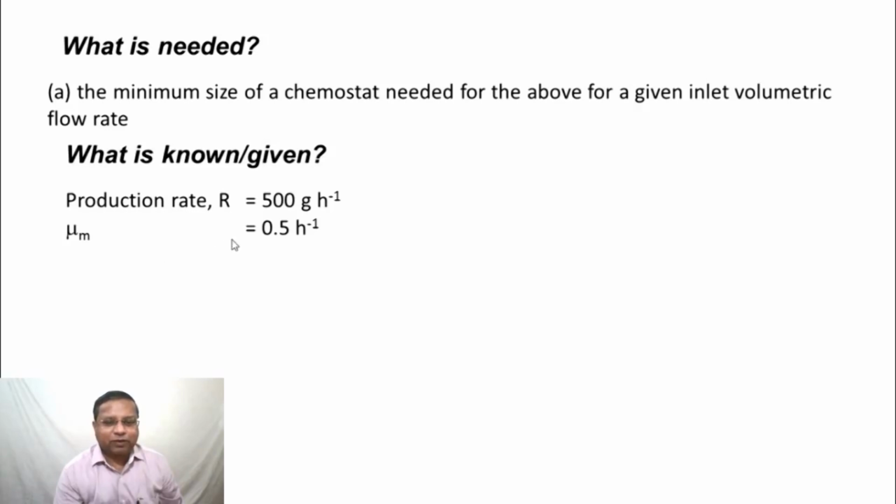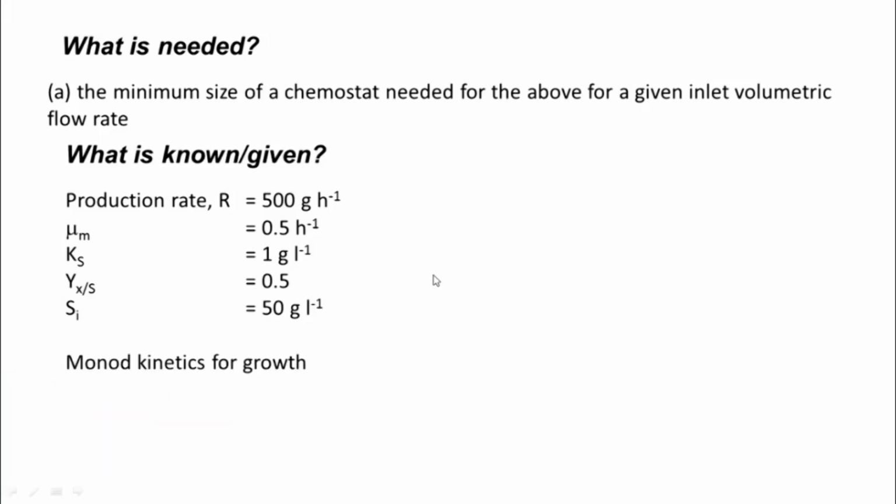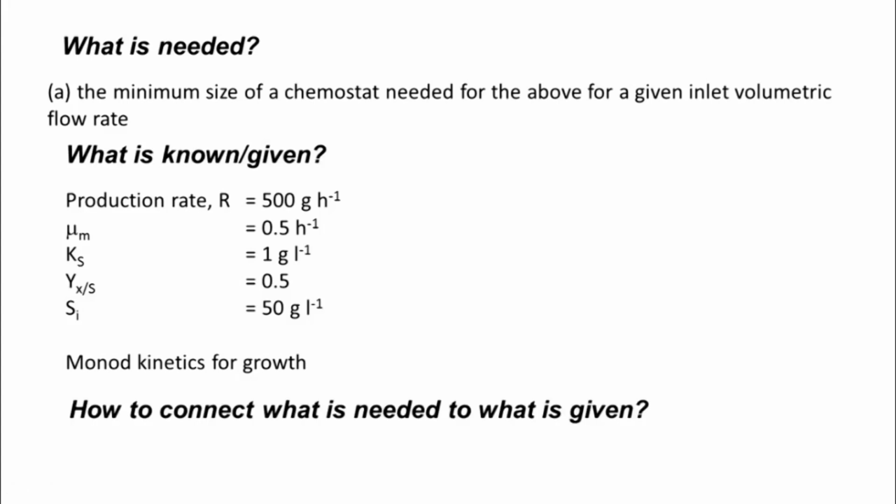The maximum specific growth rate is 0.5 per hour. The Ks is 1 gram per liter. Yxs is 0.5. All these are given. And also Si, the inlet substrate concentration in the feed, is 50 gram per liter. Monod kinetics for growth is given.